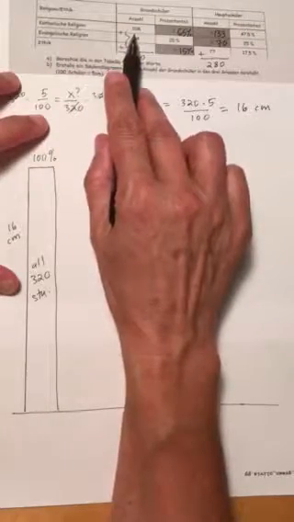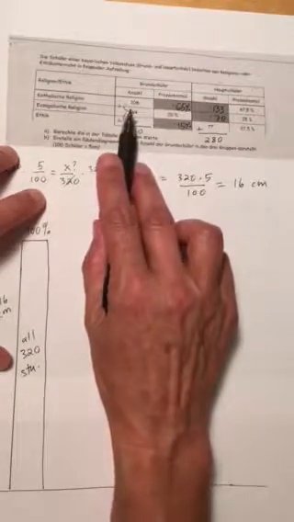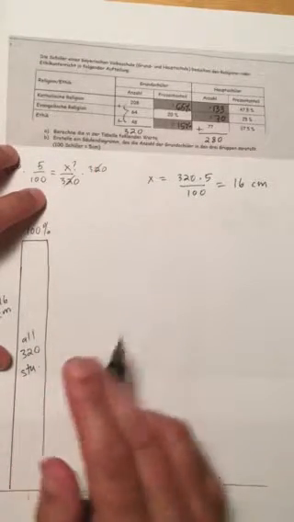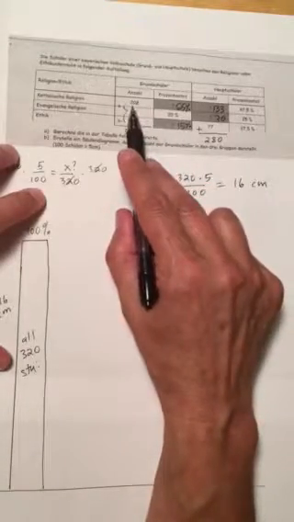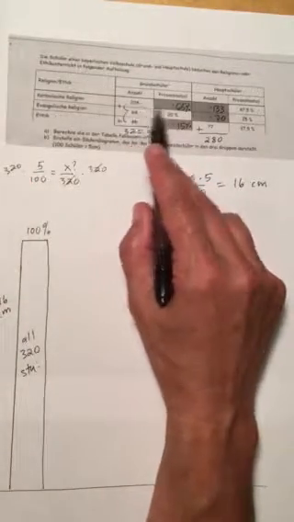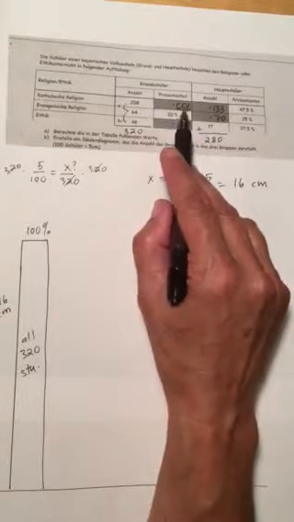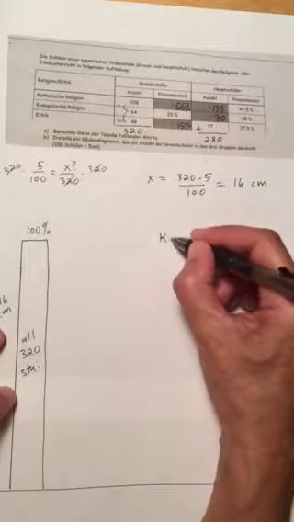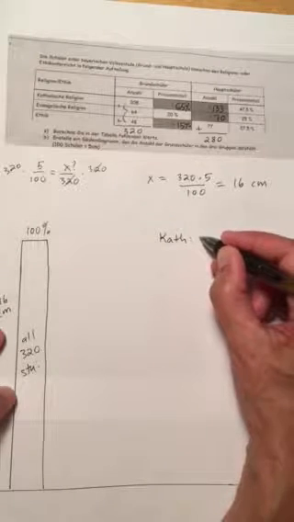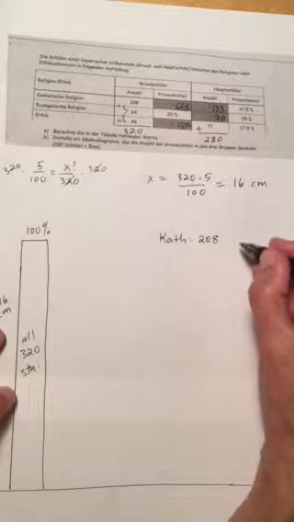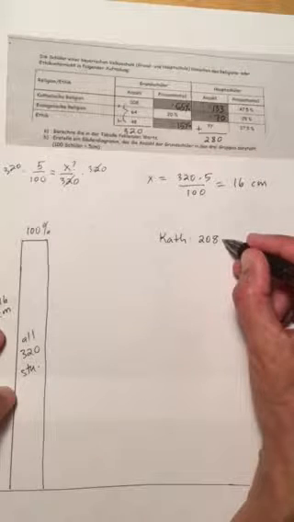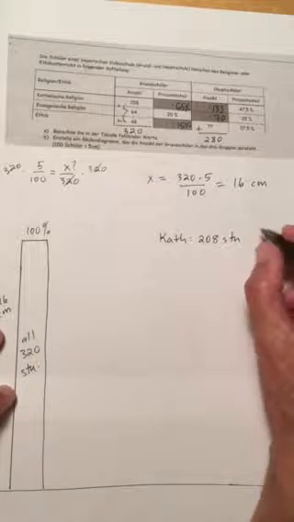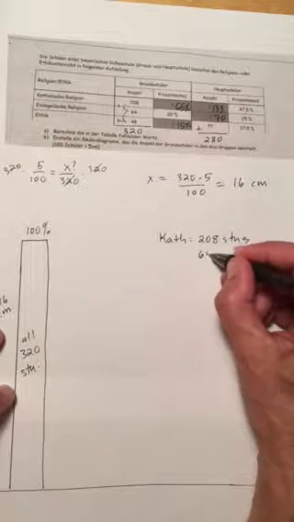How about the students in the Catholic? They are 208 out of that 320. And we already figured that out. 208 divided by 320 times 100 was 65%. So for the Catholics, we have 208 students, and we said that was 65%.